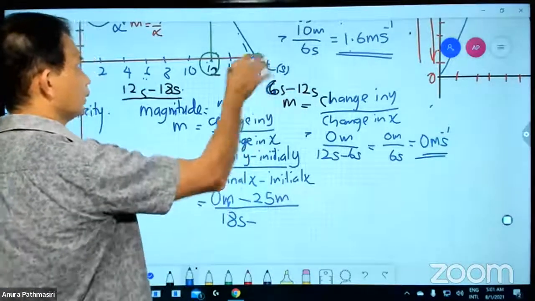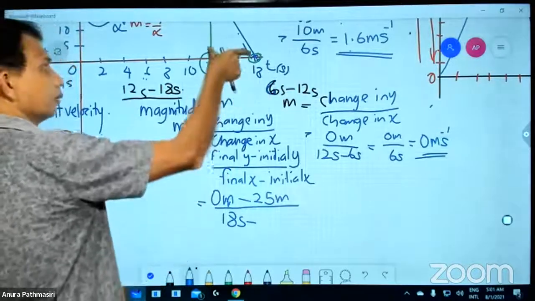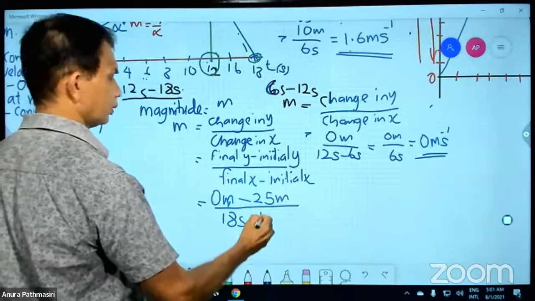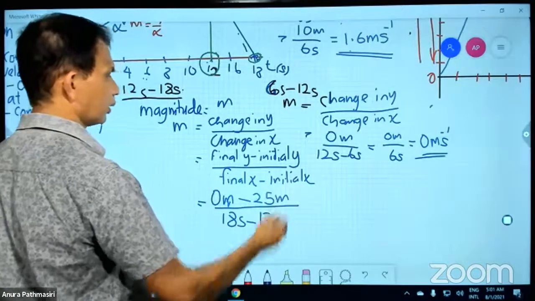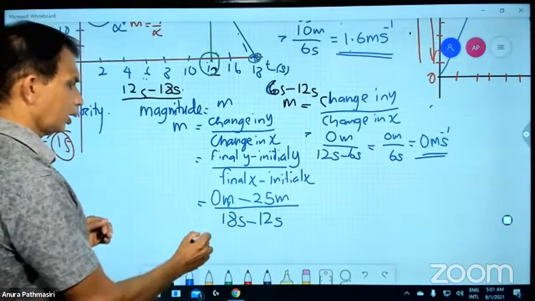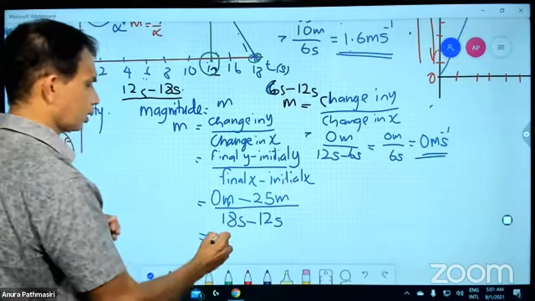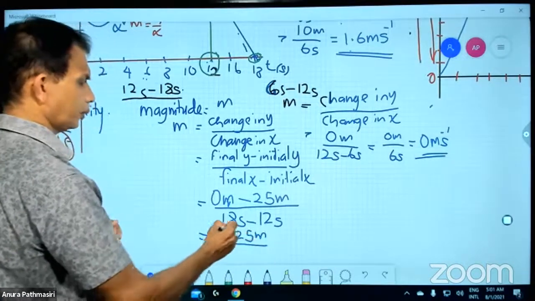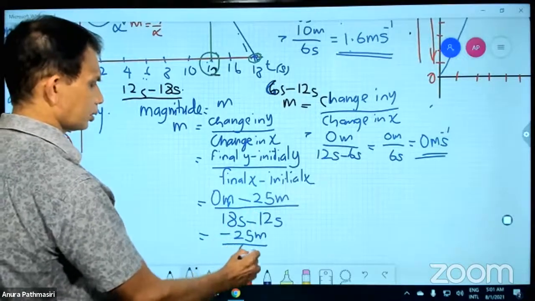The initial, not 0, but within particular time interval, initial is 12 seconds. Then the top one is negative 25 meters upon 6 seconds.